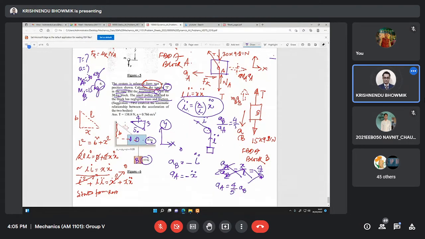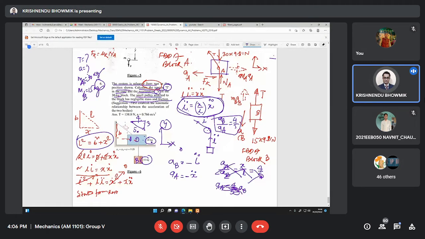Then it's fine. I had written it reversed. Now I understood. L double dot, this relationship we got. Now this x by L was 4 by 5. Then it will be reversed. That relationship we got, from where? From the constant expression, this one. So here the relationship is L double dot equal to x by L x double dot, AB by AA, equal to 4 by 5. Okay, that relationship we got.